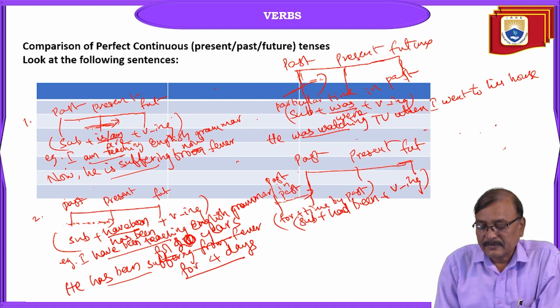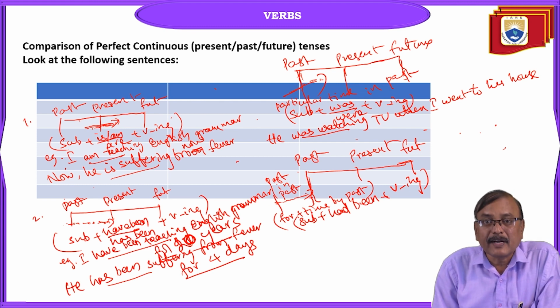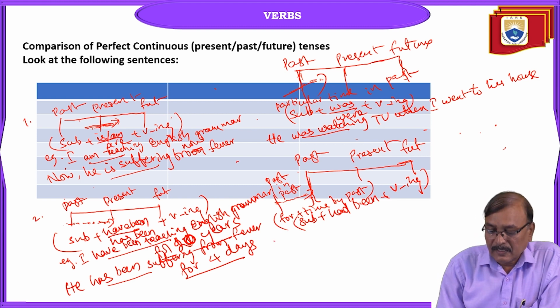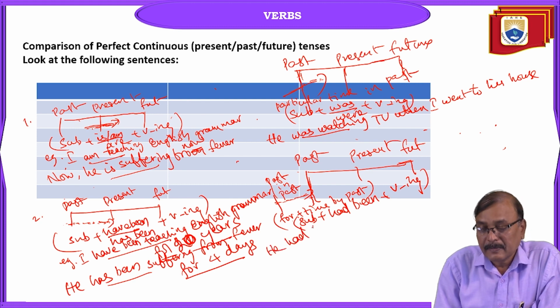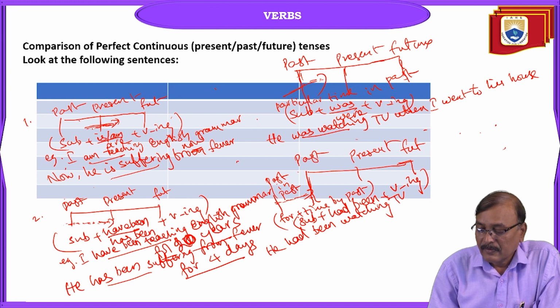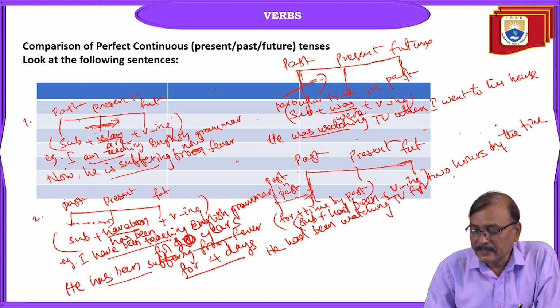Right? And see here, by the time I reached his house, he had been watching TV for 2 hours. He had been watching TV for 2 hours by the time I reached there.